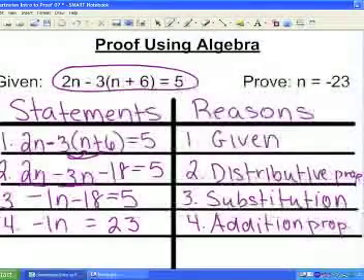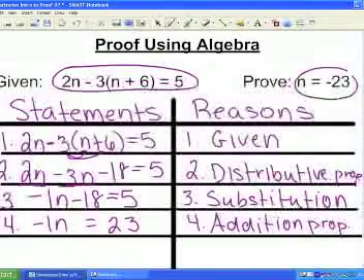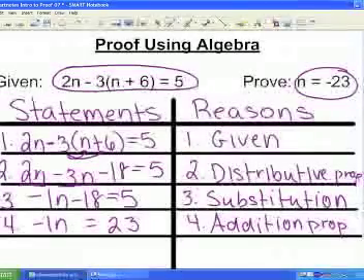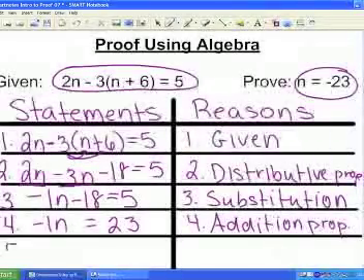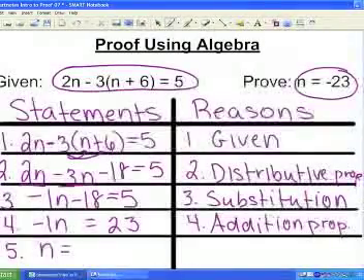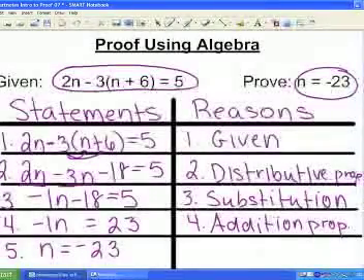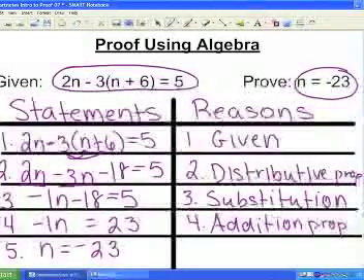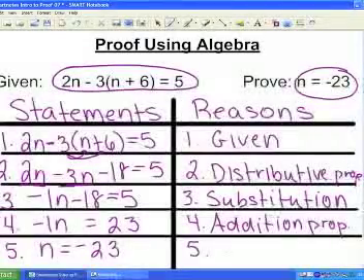Now if you notice, we have -1n equals 23, but we want to prove that n is equal to -23. And we're solving for a positive n. So now we divide both sides by -1. So we have n equals -23. Since we're dividing both sides by -1, it is the division property.